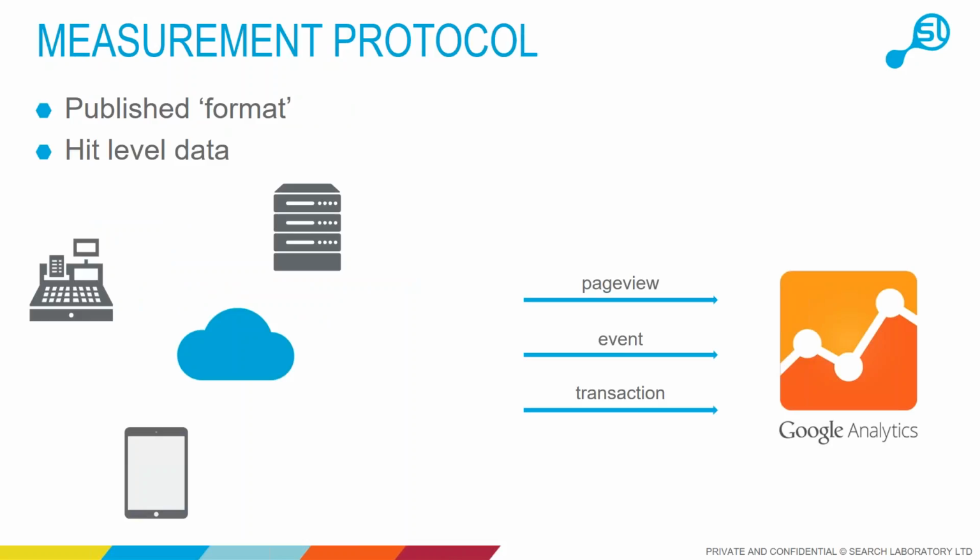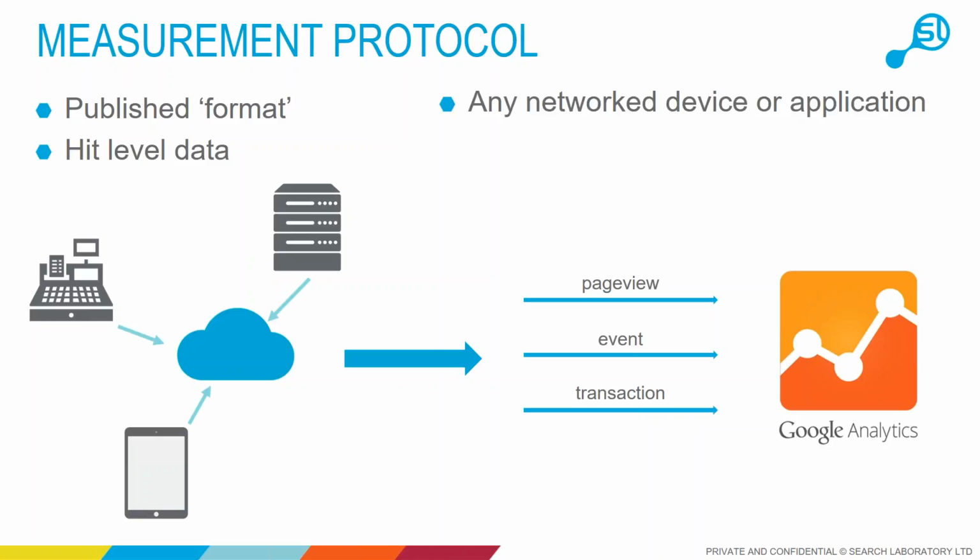So the measurement protocol. What is the measurement protocol? It's effectively a published format for getting hit-level data into your Google Analytics account. When you install the regular tracking script on your website, Google have written a JavaScript library which does all the hard, clever stuff, and it works out your screen resolution and the source of campaign you've come from, and all the dimensions you see in your analytics account.